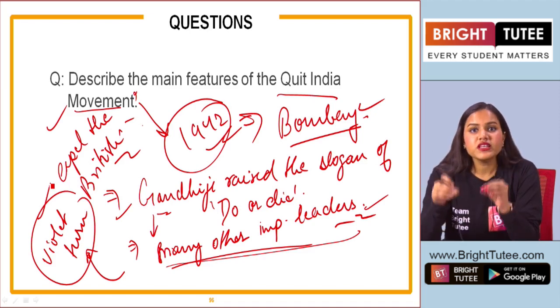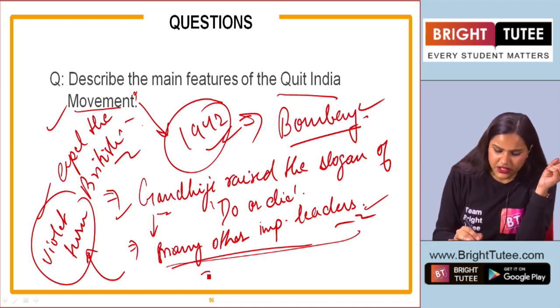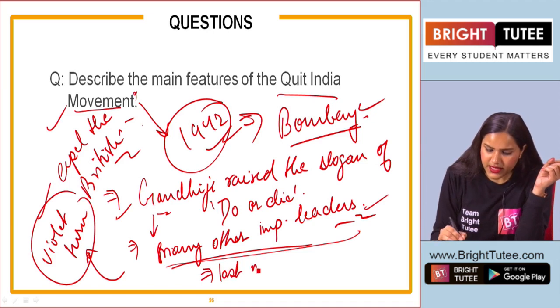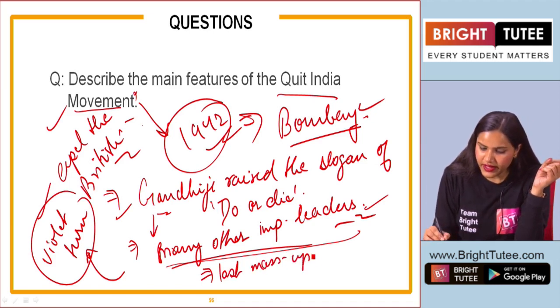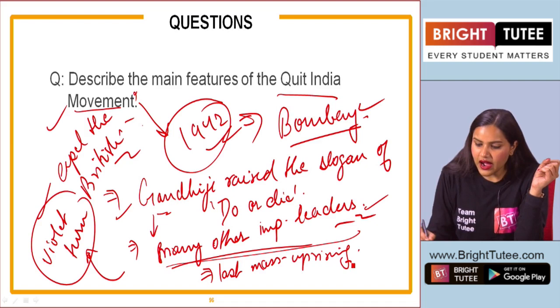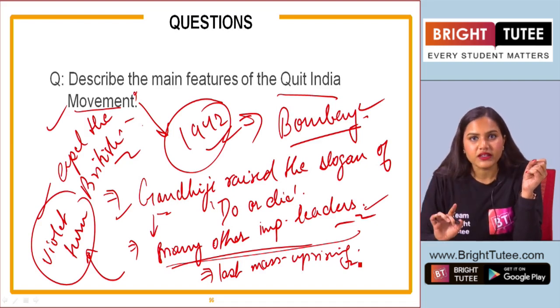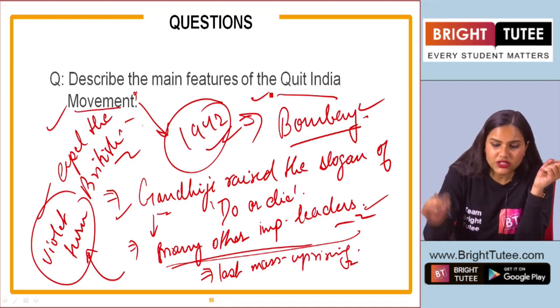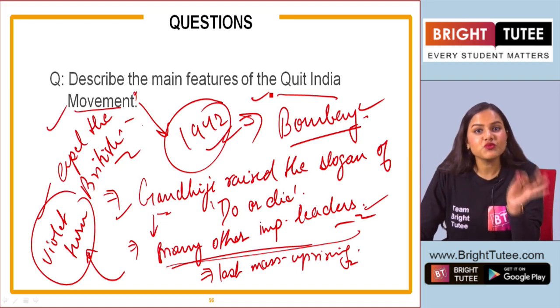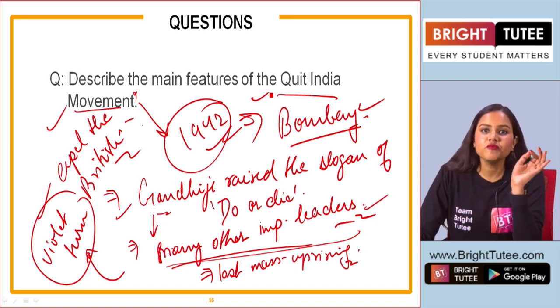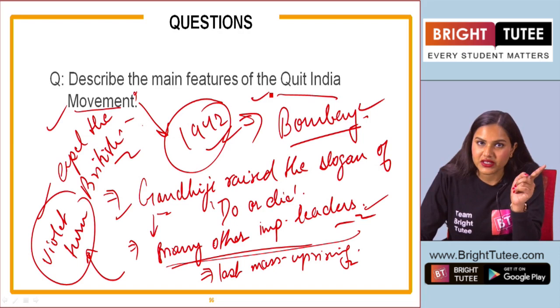Now, this was the last mass uprising movement that took place against the British government. Yes, students, the most important feature here is that this was the last mass uprising movement that took place in our country before India became independent.